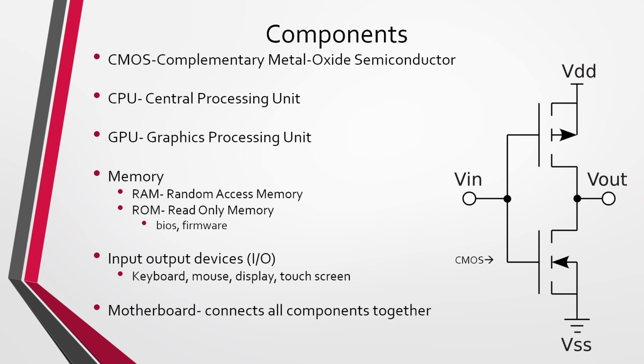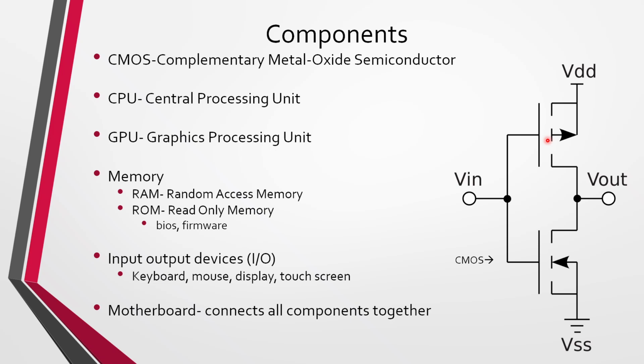It could be any of these kinds of things on a computer or a phone. So the components of a computer. CMOS is a term that we'll be using throughout this class. It is complementary metal oxide semiconductor. And you see a picture of CMOS right over here. Each one of these is a transistor.